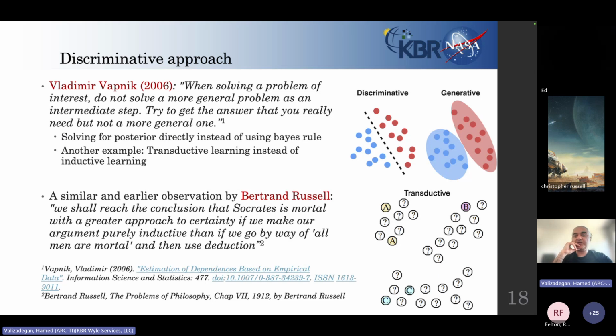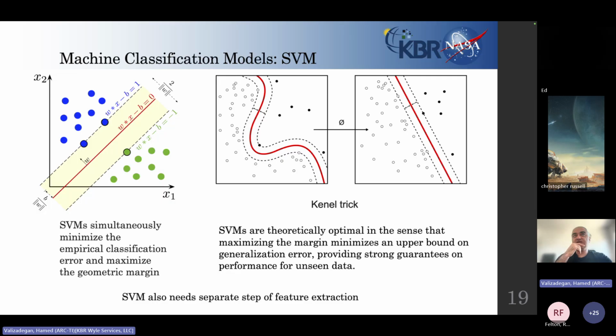Bertrand Russell, about 100 years ago, had a similar idea. Basically, the idea is that you don't solve a more complex problem if you know what you're after. And Vapnik actually introduced support vector machines based on that idea. The idea of the support vector machine is that if I want to put a decision boundary between two classes of interest, this is a classification problem, right?